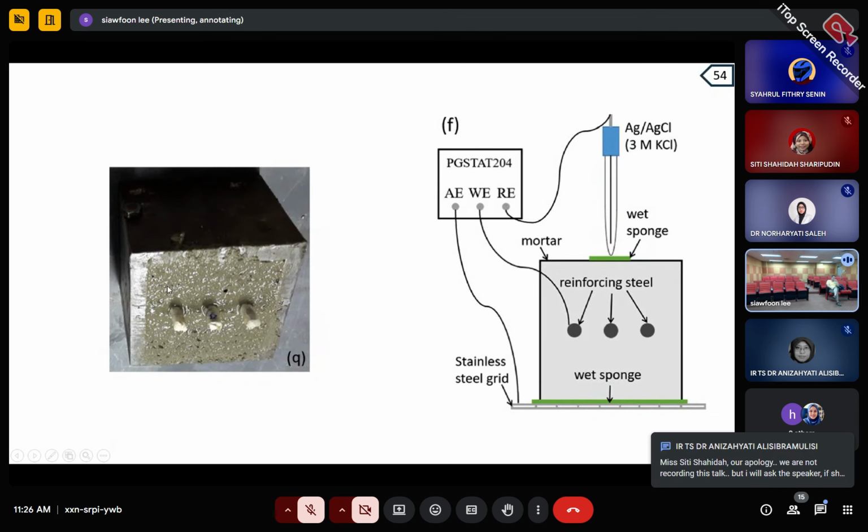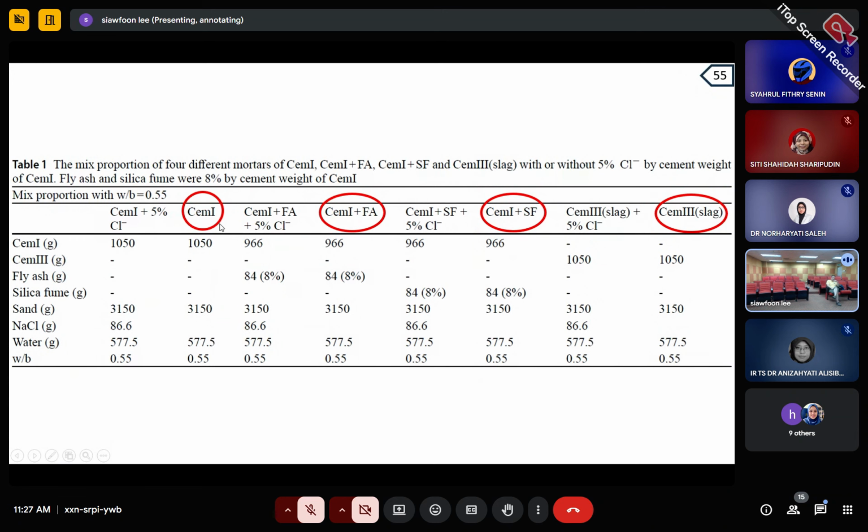And in this case, actually, the cement itself, I mix with different kinds of pozzolanic material. For example, first, this is the Portland cement one. It is a common cement that is used by everybody. And later in this cement, I add another industrial waste called fly ash, and another is silica fume. And another is the cement, and you add it with the slag.